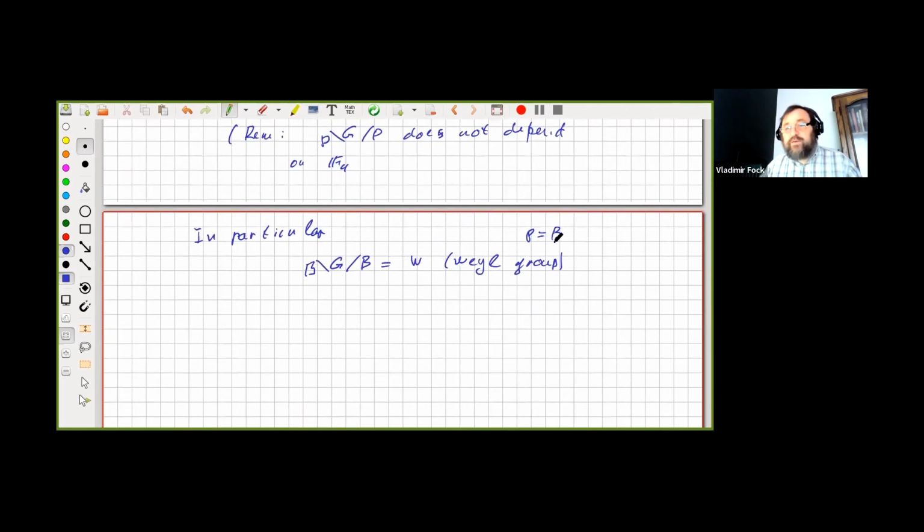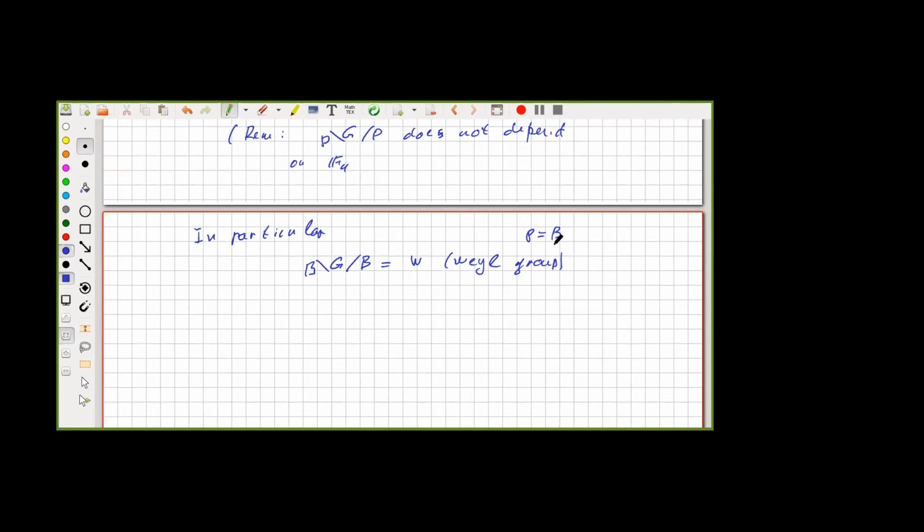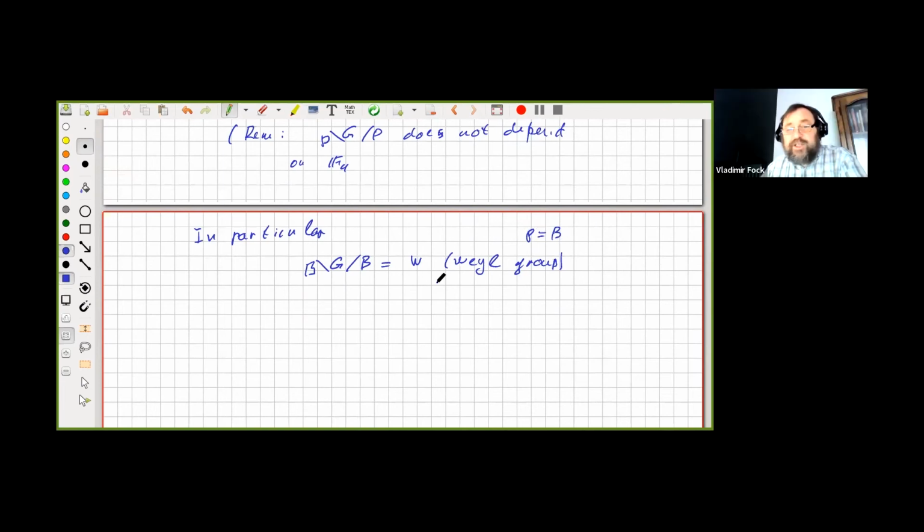So therefore, if P is equal to B, which is the most popular situation, then the Hecke algebra, or maybe it's better to call it the Iwahori-Hecke algebra, because it was he who formulated this algebra this way, is isomorphic, as a vector space, to the group ring of the Weil group.